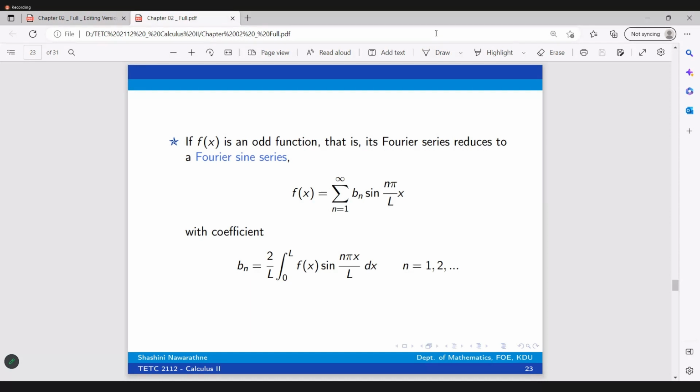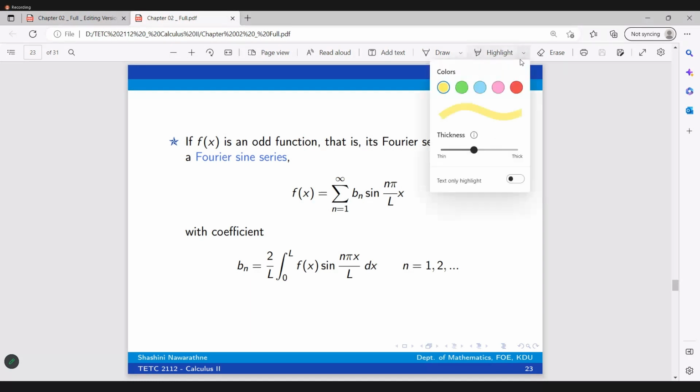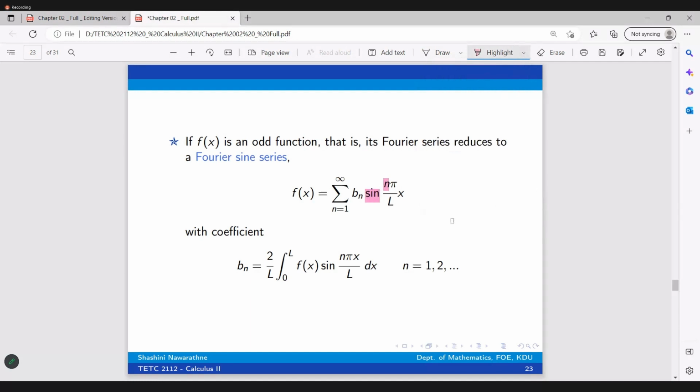The thing you have to remember is, if the function is an odd function, it gives a Fourier series with only sine terms, because the coefficients a0 and an become 0. So for an odd function we obtain a Fourier sine series.